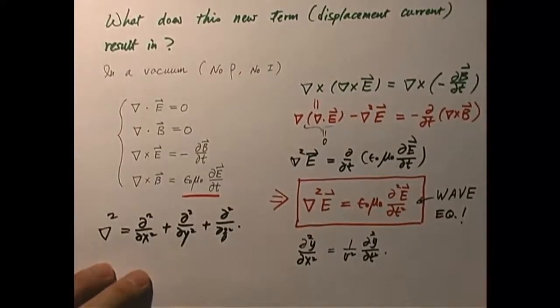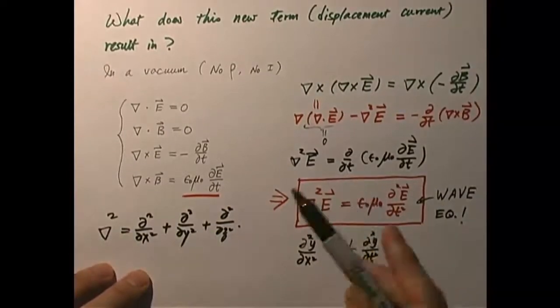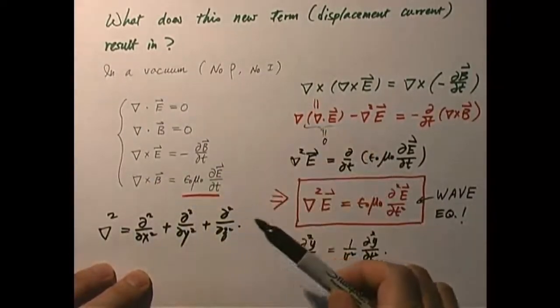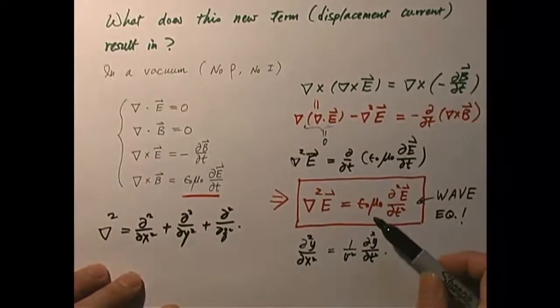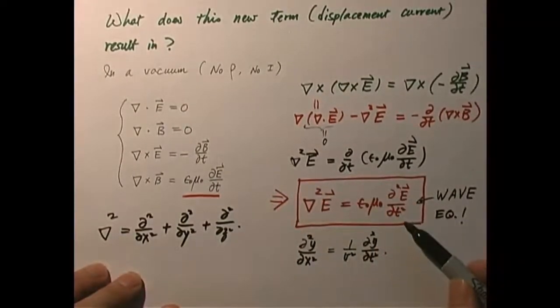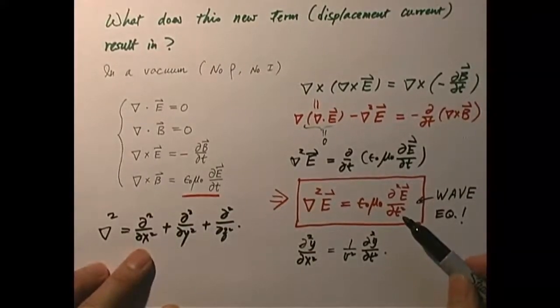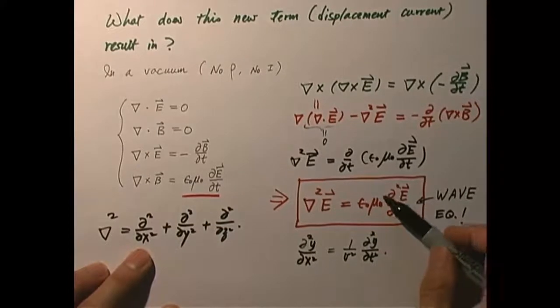So we know that if we combine all these equations together for an electromagnetic field in vacuum, we find there exists a wave-like solution because we get a wave equation for the electric field. And what is the speed of that wave? Well, you compare. Here I have 1 over v squared. Here I have epsilon naught mu naught.